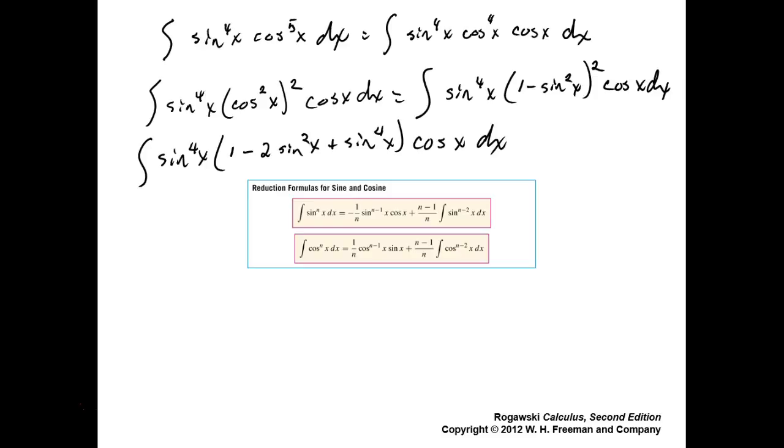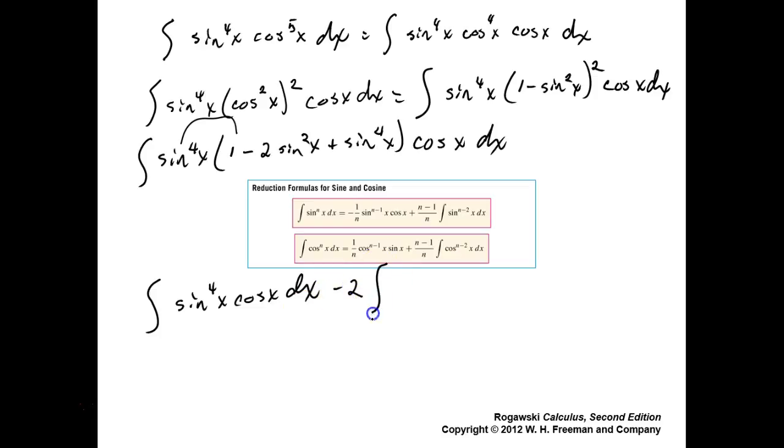Now, what we're going to do is change this into 3 integrals. The first one is going to be sine fourth x times 1. That's just sine fourth x times cosine x dx. Okay? Got it?